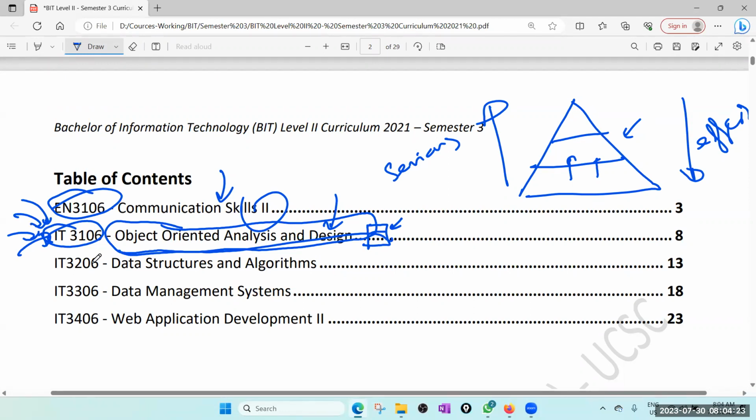Then you have data structures and algorithm. This is a programming subject. Earlier we called this programming 2, but now we call it data structures and algorithm, because this is not actually programming 2. Anyway, we'll be discussing this subject because we are going to do these 2 subjects today.